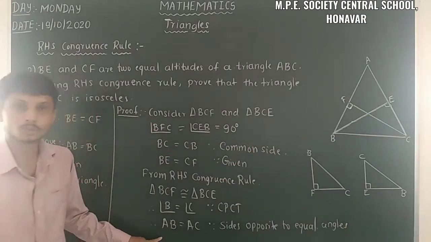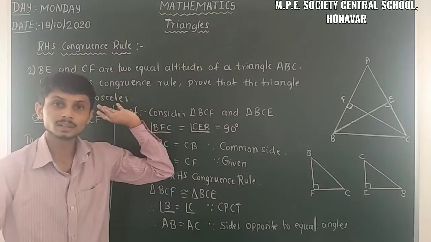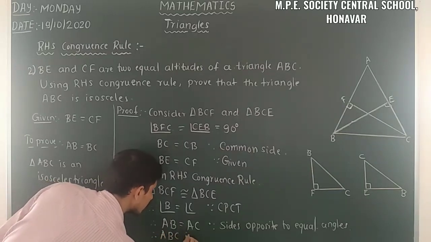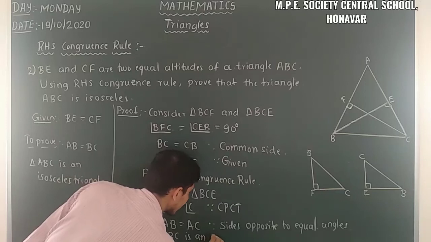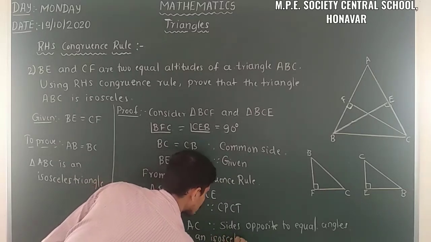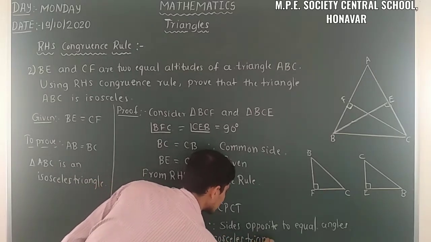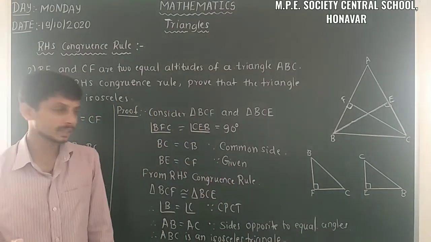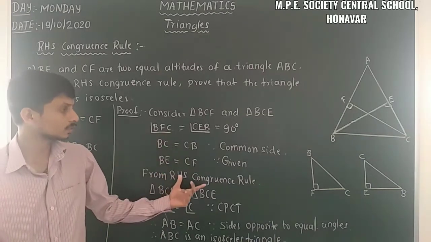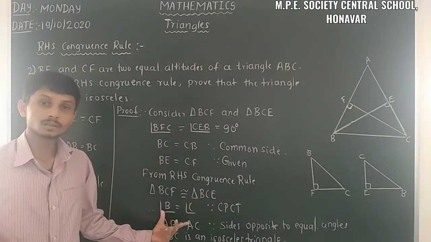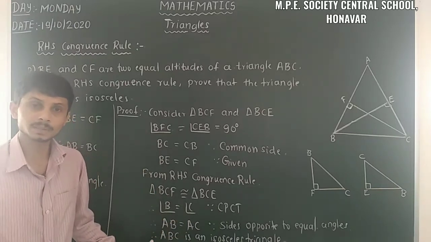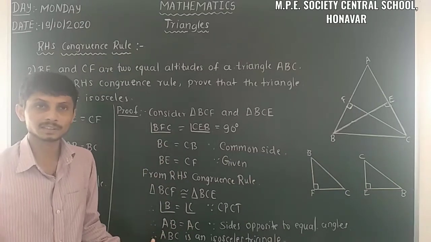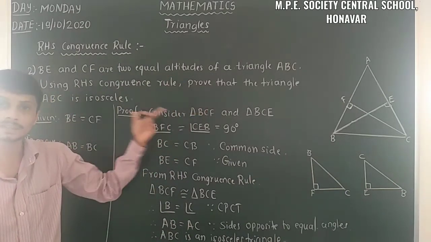When we have AB is equal to AC, that triangle becomes an isosceles triangle. Therefore, ABC is an isosceles triangle. So we have the proof: from the RHS congruence rule, we proved the required CPCT, and from the required CPCT we use the theorem on isosceles triangles, because we have to prove that the triangle is isosceles.